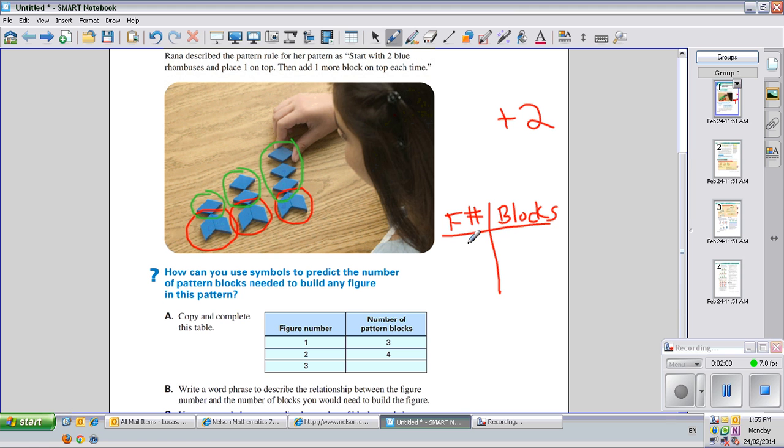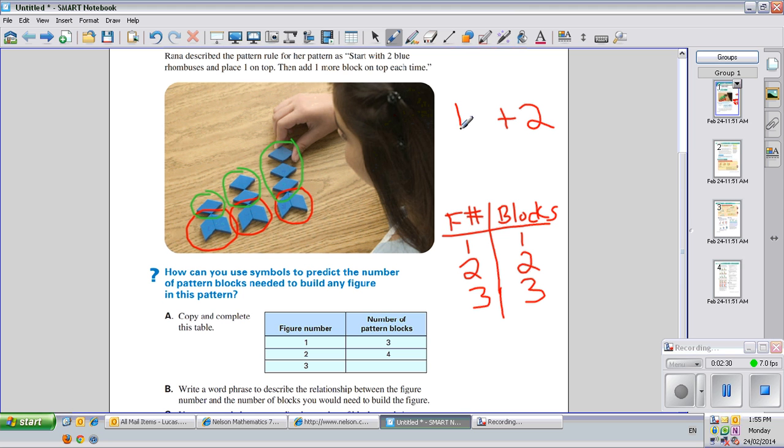We can see that in figure 1, there's one block. In figure 2, there are two blocks or two rhombuses. In figure 3, there are three. So now if we were to figure out 1 to 1, 2 to 2, 3 to 3, we know that 1 times 1 is 1, 2 times 1 is 2, and 3 times 1 is 3.